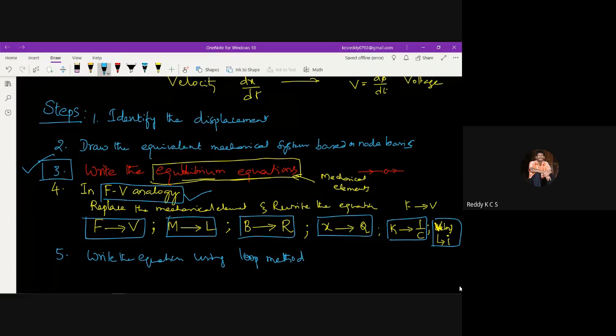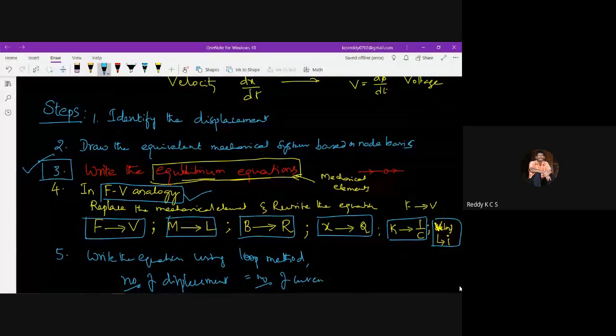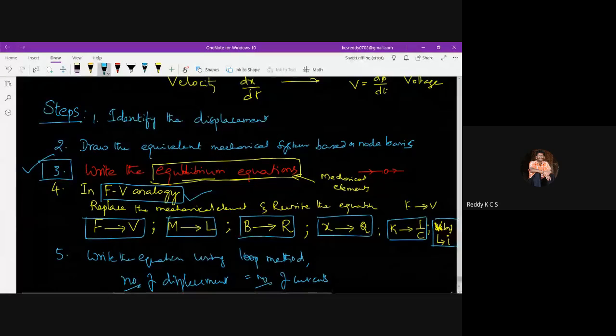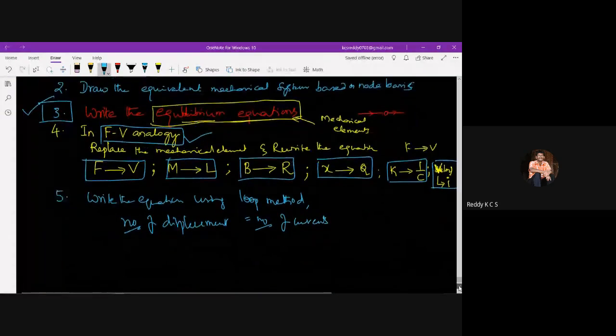After using this loop method, the number of displacements is equal to the number of loop currents in the equation. So this is about the FI analogy.